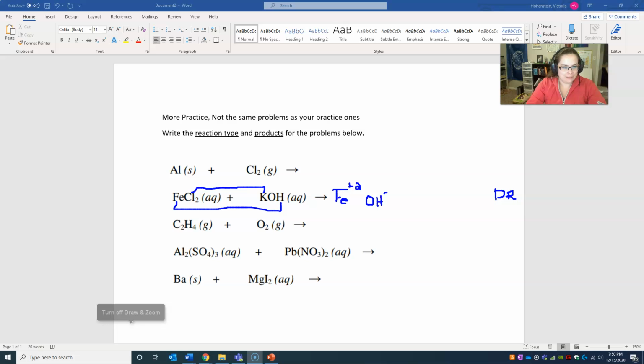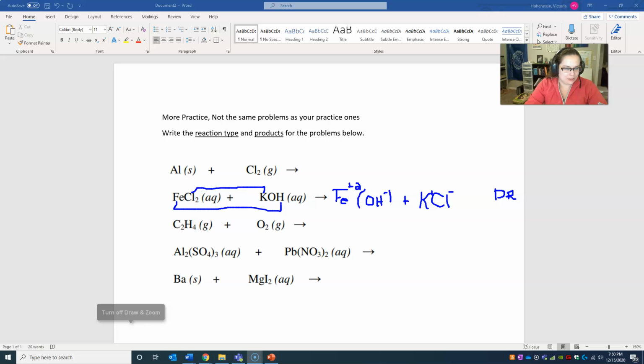And then potassium is going to pair with chlorine. K has a positive charge, and chlorine has a negative charge. Last thing we have to do is drop and switch our charges to make sure our molecules are neutral. So the 2 from iron is going to go behind hydroxide because it's a polyatomic.